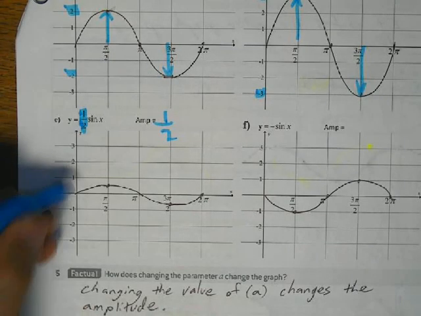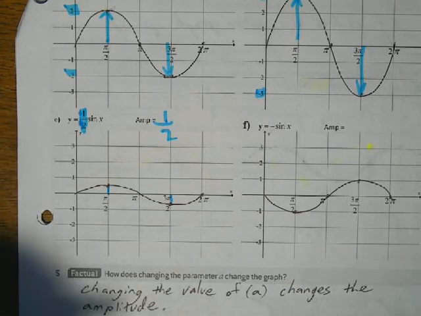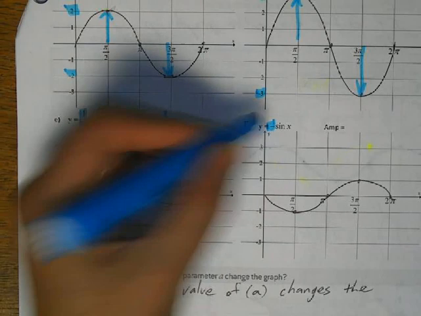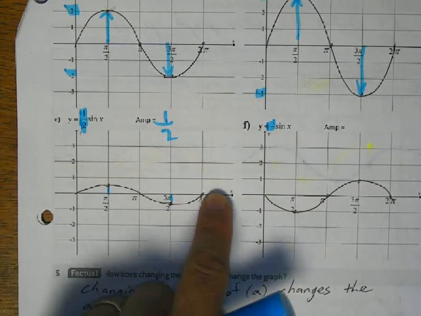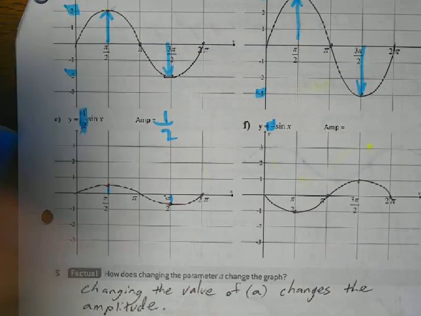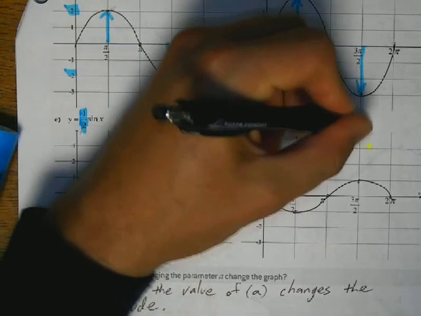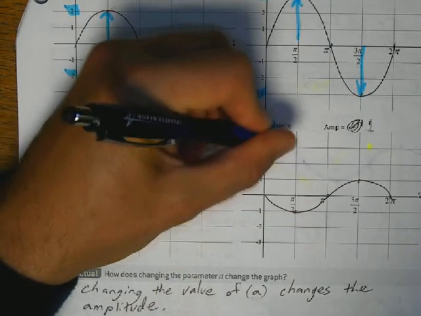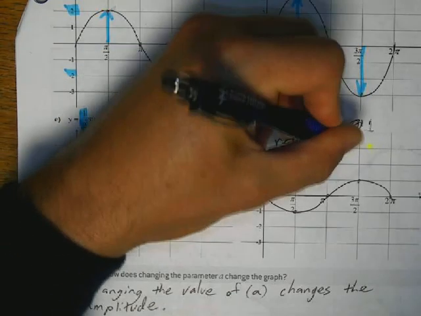And notice it doesn't go up that high, it doesn't go down that low. And if I've got a negative sign here, instead of going up and then down and then back up, it's going to go down. The amplitude is still 1, but it's a reflection on the x-axis.